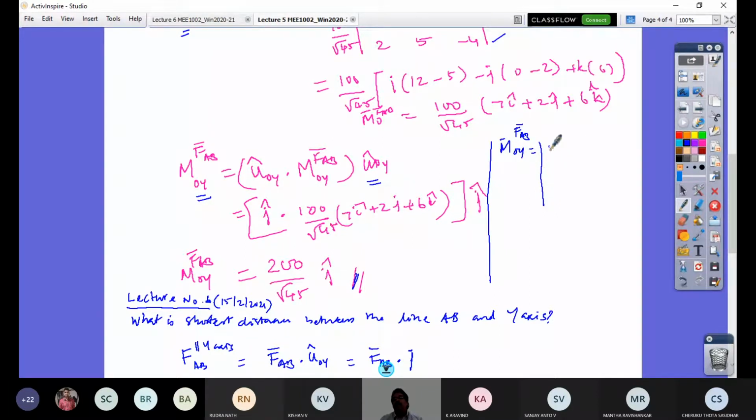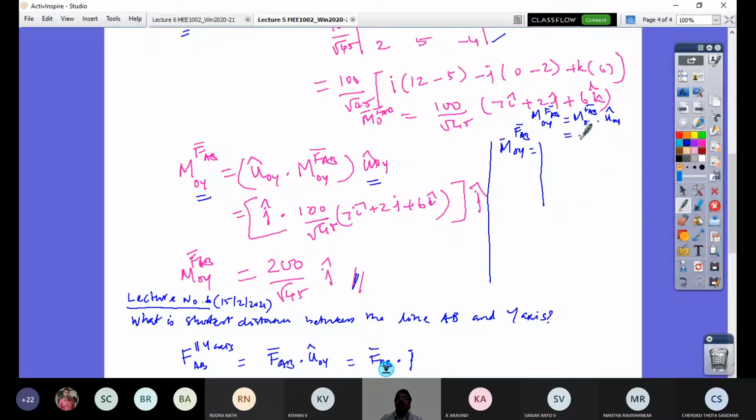So what would be my first row? So you can rewrite this as MOY of FAB as MO of FAB dot UOY. So MO of FAB is a cross product and then a dot product. So one cross and one dot product.